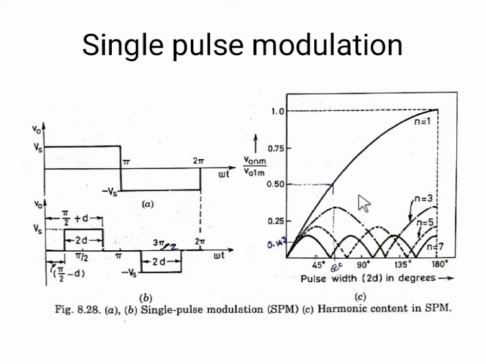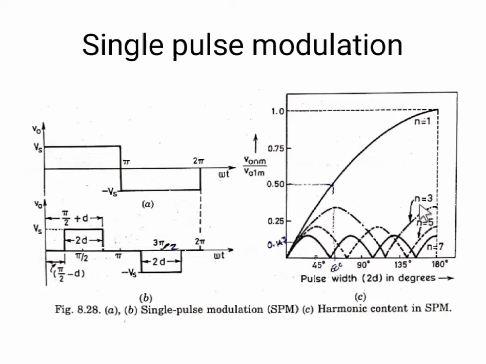This diagram shows the harmonic content of single pulse modulation. If the pulse width 2d is equal to pi, we get this much amount of harmonics. If we reduce the pulse width, we get reduced harmonics.